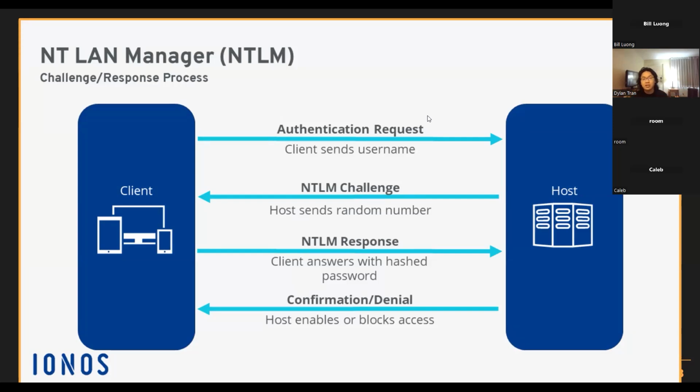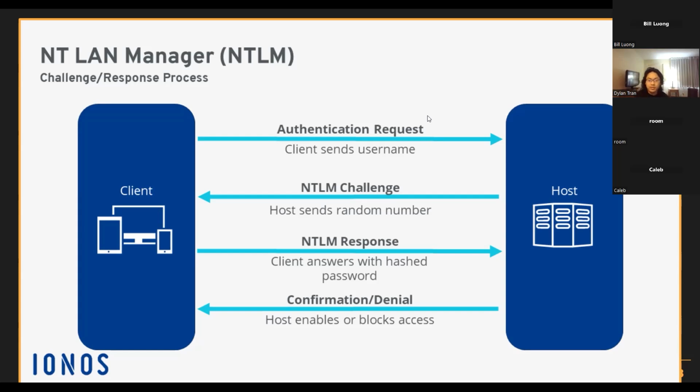Because if you have the hash of the password, it means you had the password because you were able to hash the password, right? So using the NT hash, you then use that to perform some sort of mathematical operation on the challenge and send it back to the host. The host is like, well, it looks right to me.